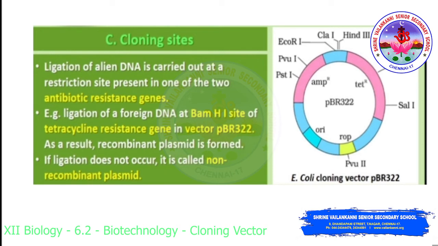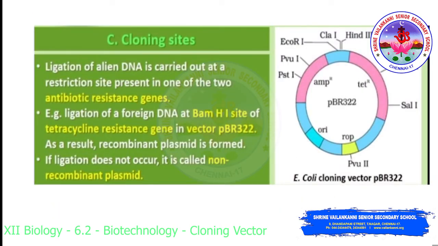Ligation of alien DNA, that is foreign DNA, is carried out at a restriction site present in one of the two antibiotic resistance genes. For example, ligation of a foreign DNA at the BamHI site of the tetracycline resistance gene in vector pBR322. As a result, a recombinant plasmid is formed. If ligation does not occur, it is called a non-recombinant plasmid.